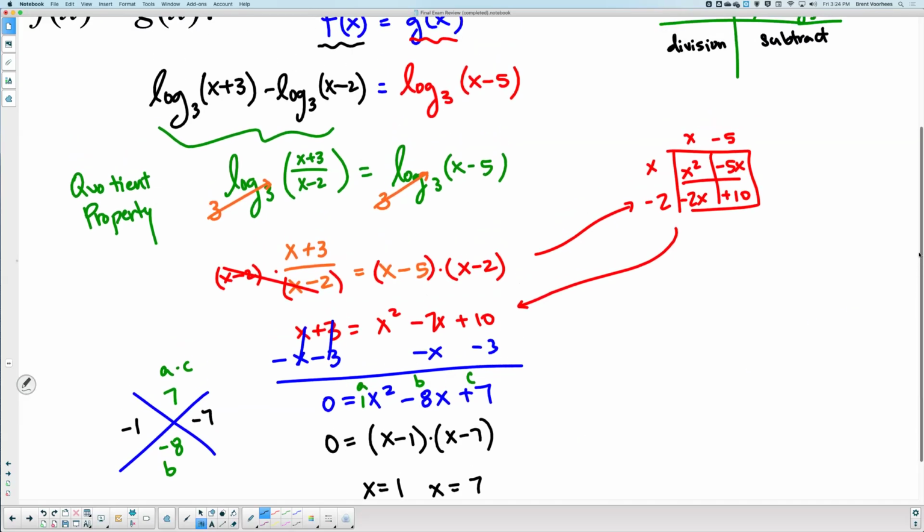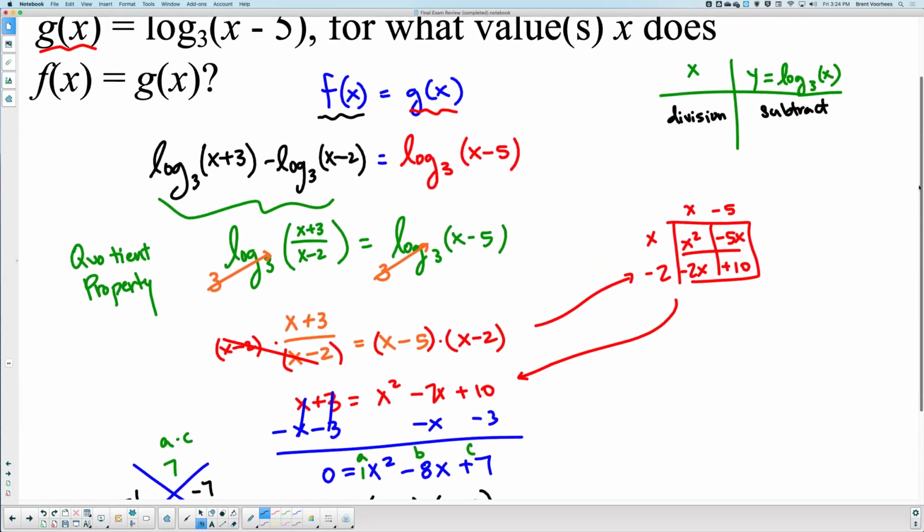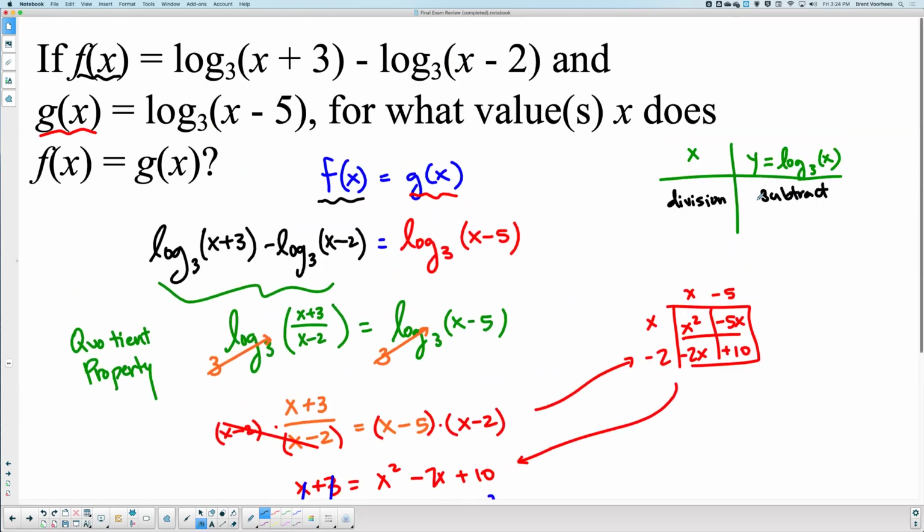Now, check your answers. Remember with logarithms, this is tricky because there can be a domain issue. All logarithms must be possible. The restriction here is that all x values must be greater than negative 3.